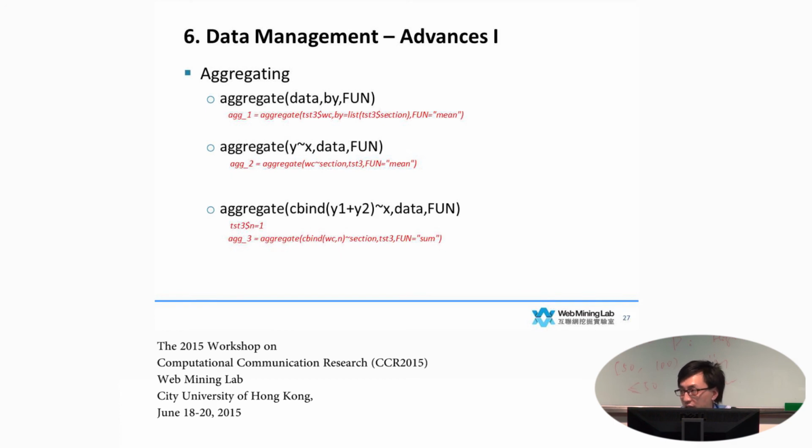See, 16 articles in arts. Okay, actually we can do more. We can calculate two variables at the same time. We use a combined function here. For example, we want to calculate the sum of the word count and also the n together.